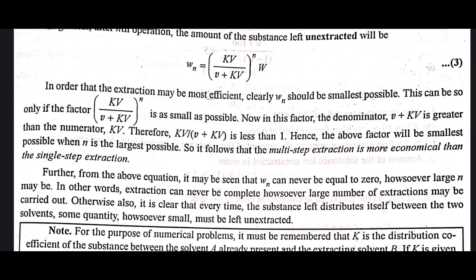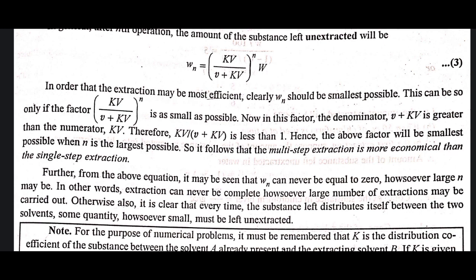Now in this factor, the denominator V plus Kv is greater than the numerator KV. Therefore, KV upon V plus Kv is less than 1. Hence, the above factor will be the smallest possible when n is the largest possible. So it follows that the multi-step extraction is more economical than the single-step extraction.